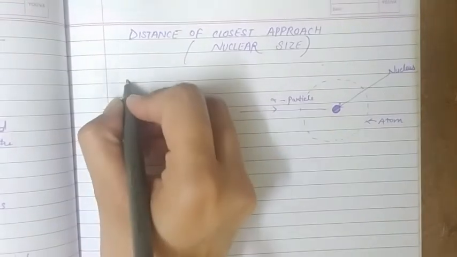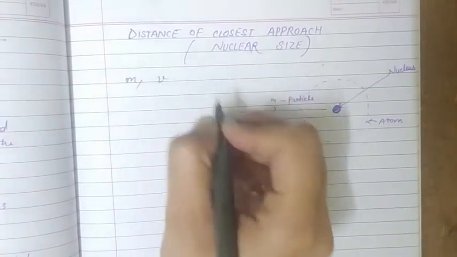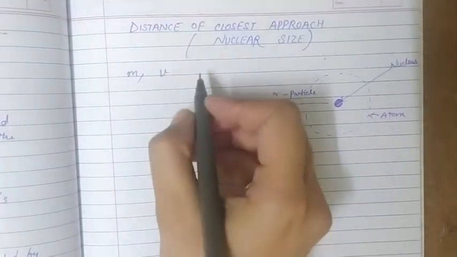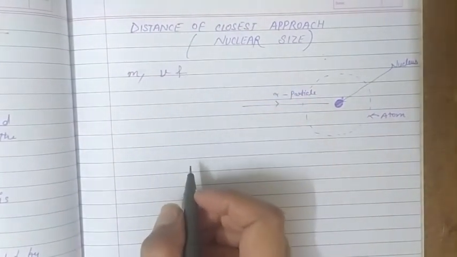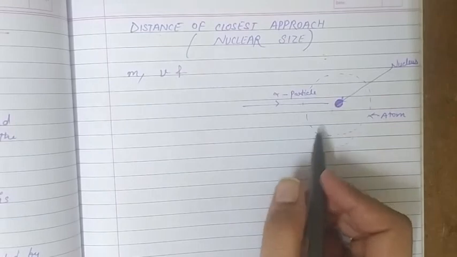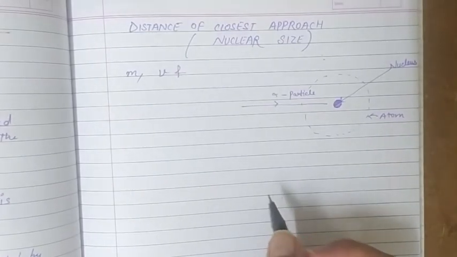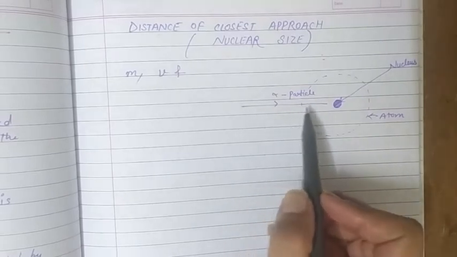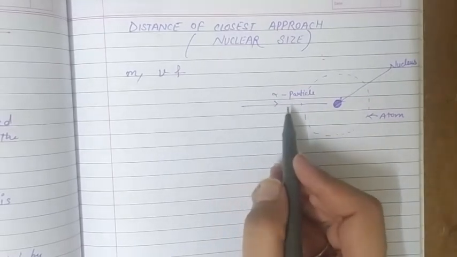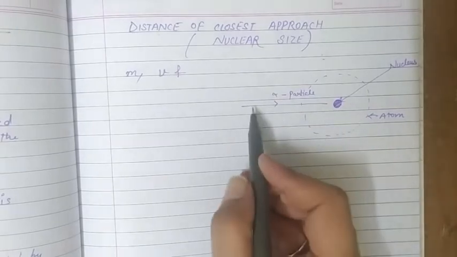So this is an alpha particle of mass m and initial velocity v, and it is incident on the nucleus directly towards the center of the atom. It is coming towards the nucleus, directed towards the center.